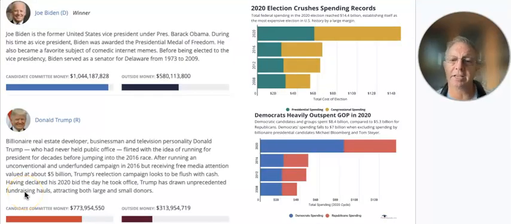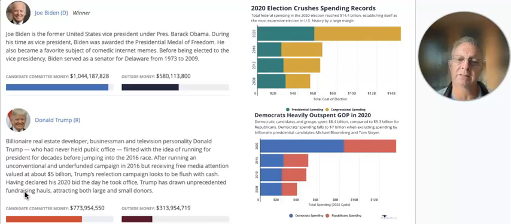You don't have to write any of this down in your guided notes, but I just wanted to give you a quick example of what the 2020 election results were in terms of how much money was spent on both the presidential campaigns as well as the election nationwide. You can see that the Biden campaign raised over $1 billion in hard money donations.